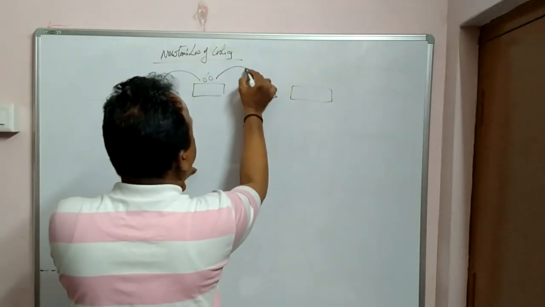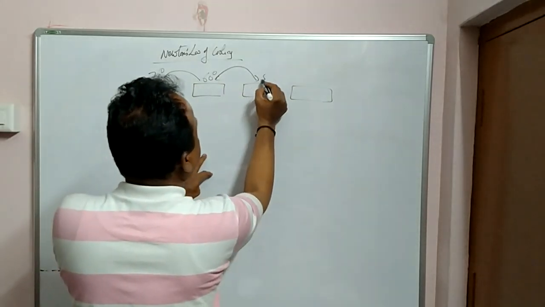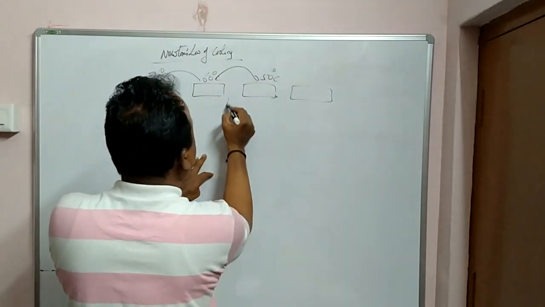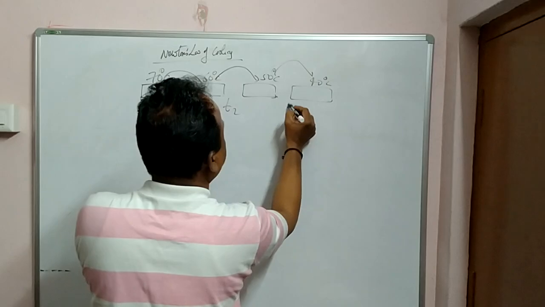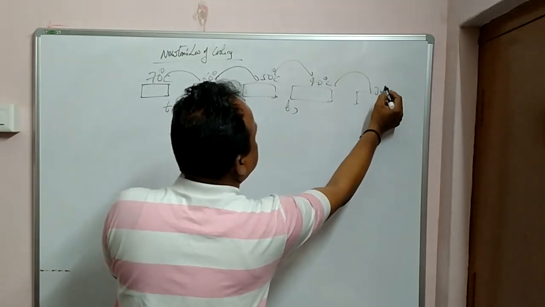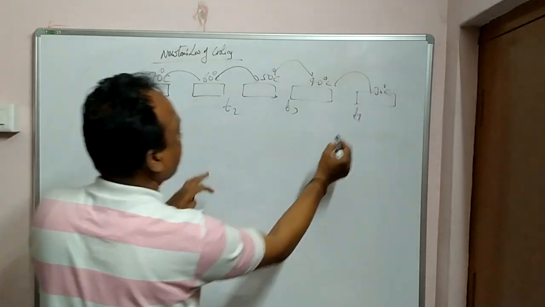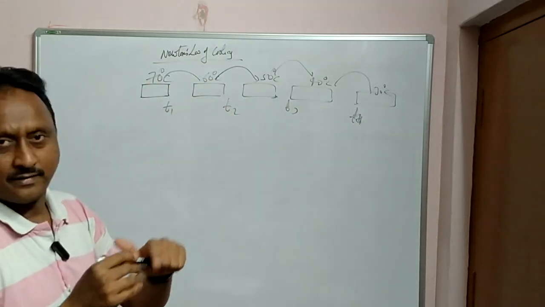Now again the 60 degree centigrade reduced to 50 degree centigrade in time T2, to 40 degree centigrade in time T3, 30 degrees centigrade in T4, and so on. I am trying to explain Newton's law of cooling.